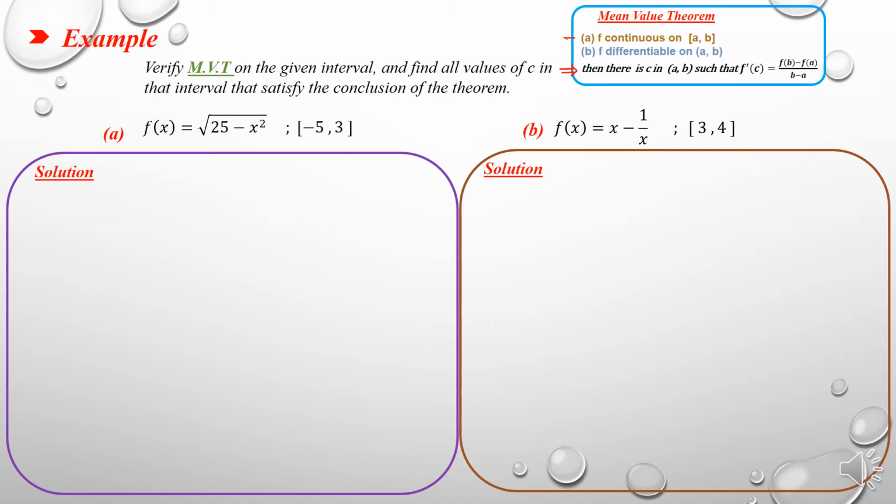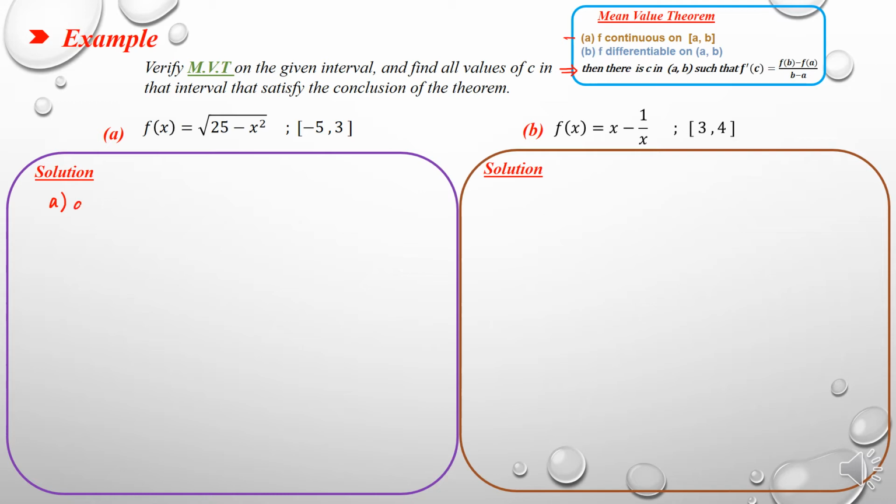So firstly, we have to check or verify the conditions of the mean value theorem for these two parts. For part A, we have the function square root of 25 minus x squared and the closed interval from negative 5 to 3. So the first condition, you have to check that f is continuous on the closed interval negative 5 to 3.